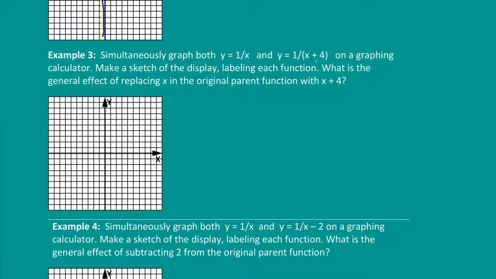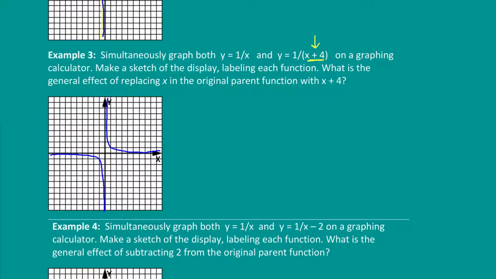Here we have a transformation inside the function. So if it's inside, it's going to be shifting it left or right. In this case, we're going to translate the function to the left 4, because it's going to be the opposite of the sign. So if I have my original parent function that looks like so, with an asymptote, we have our asymptote at x equals 0.